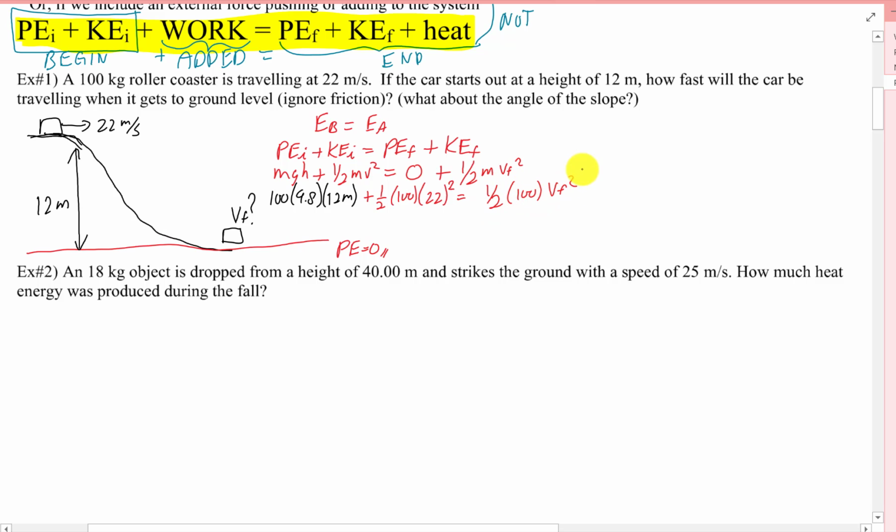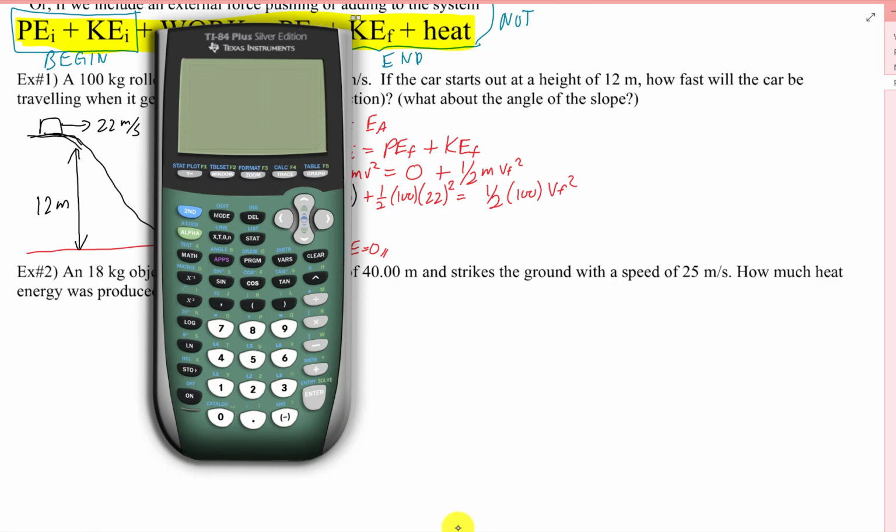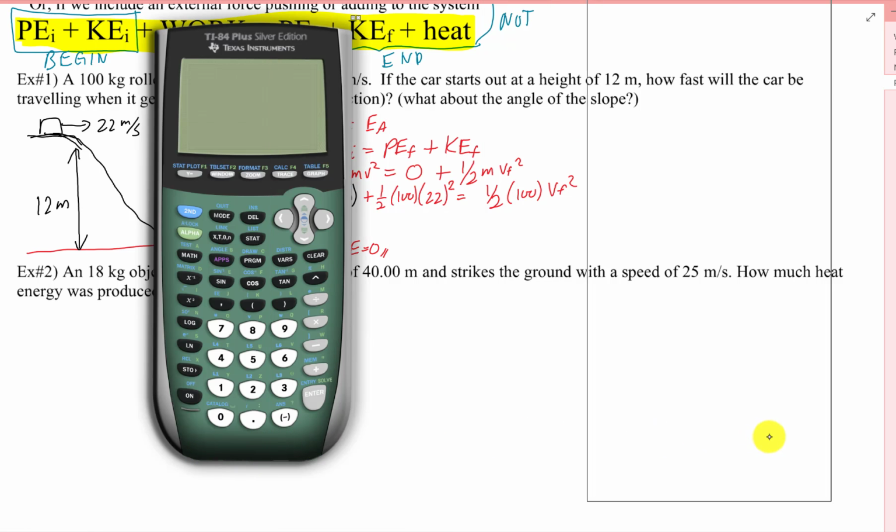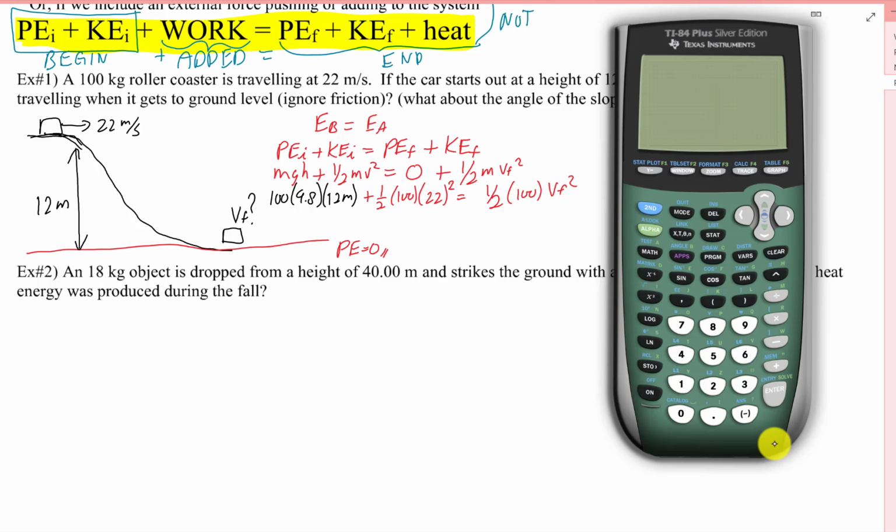So out comes Mr. Calculator. Let's bring it over here. We get 100 times 9.8 times 12. That'll be in joules, the potential energy beforehand: 11,760 joules.